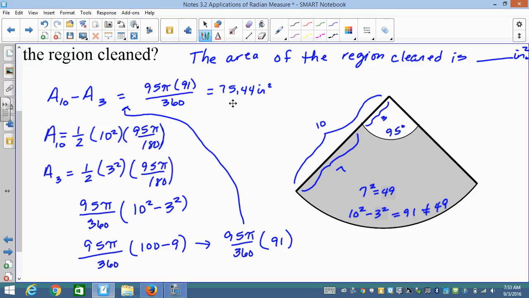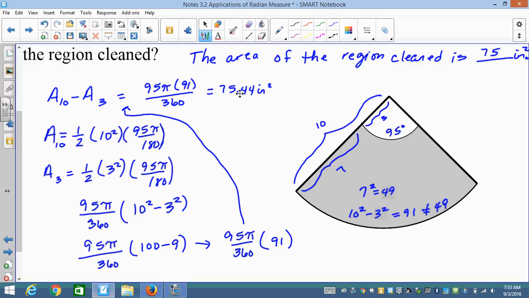Now, it doesn't tell us anything about significant digits or number of decimal places. This is a good answer if you want to go, oh, it's about 75 inches squared, because now you're using significant digits, which is fine. And there you guys have it.